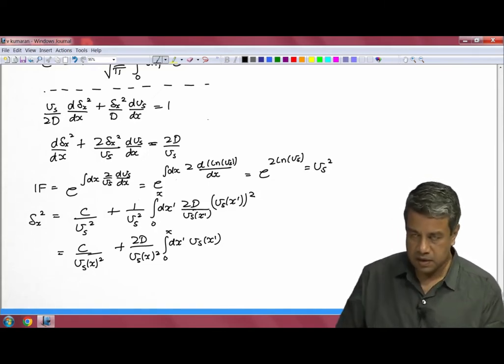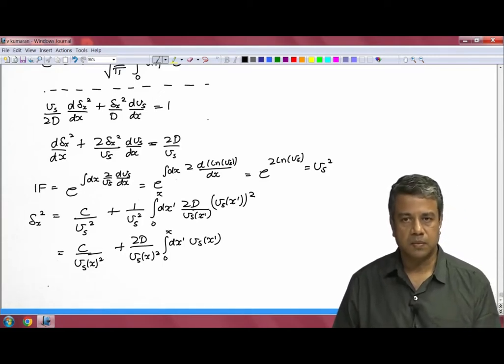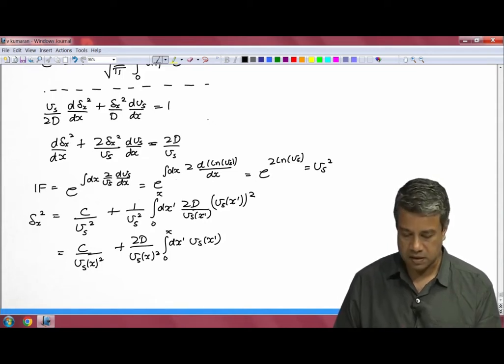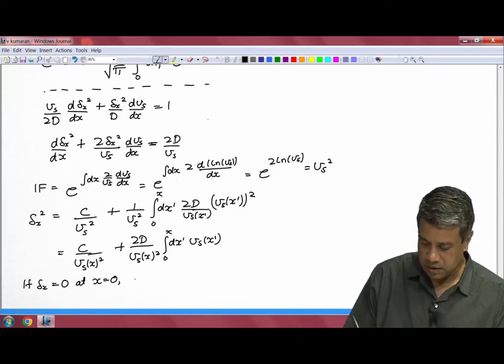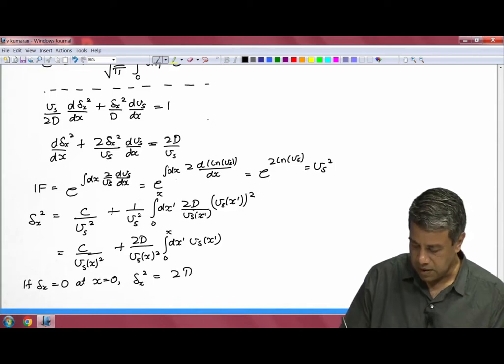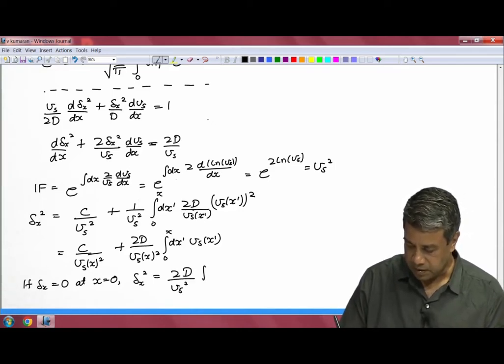If we assume that delta x is equal to 0 at x equal to 0, that is we start the boundary layer measurement at the location where the heating starts or where the change in concentration starts, then the expression for delta x squared is equal to 2D by Vs squared integral 0 to x dx prime Vs of x prime.